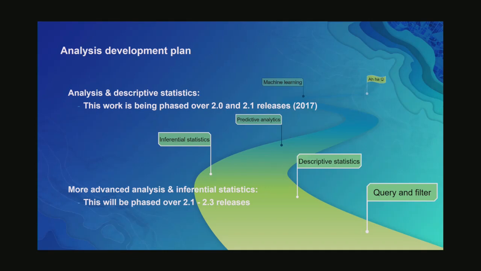The idea in terms of how we're evolving this is we started with the question, what do you do when you start analysis? The first thing you have to do is understand that data. So the crucial thing is for us to provide you with all the tools that allow you to describe that data.